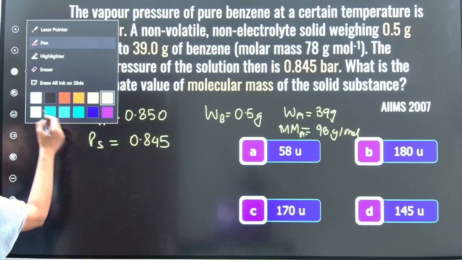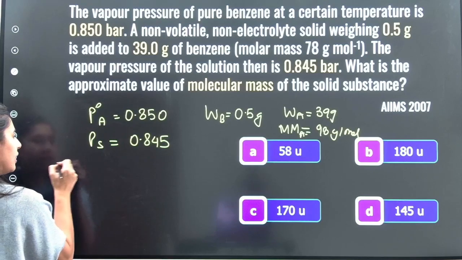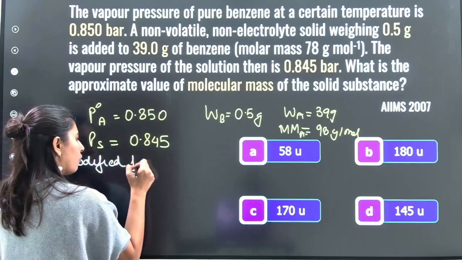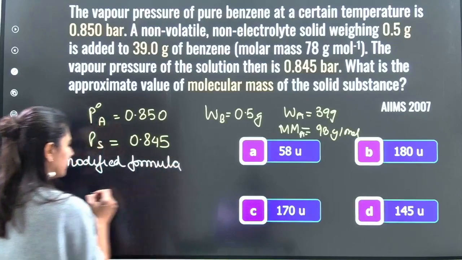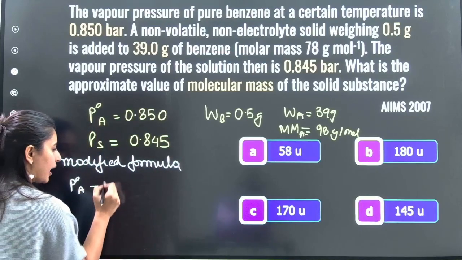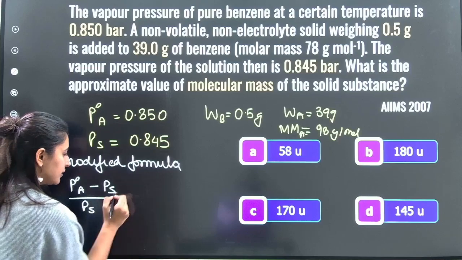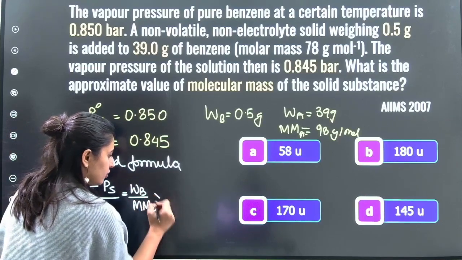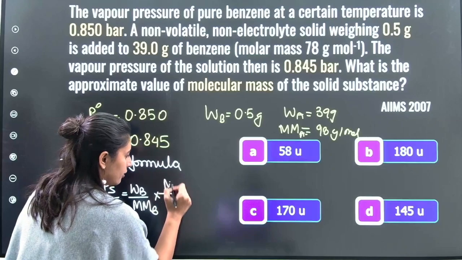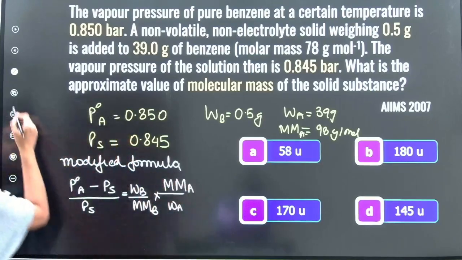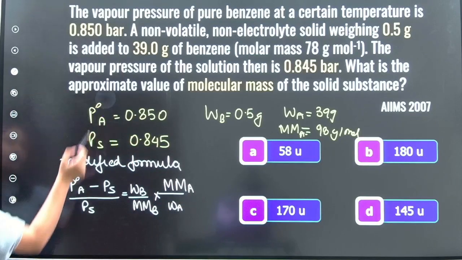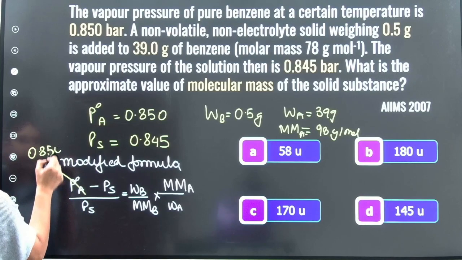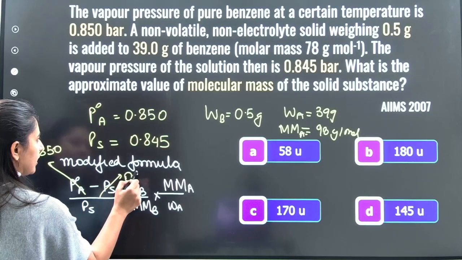We'll make use of not the formula of the colligative property, but the modified formula. What is the modified formula? We just learned: P naught A minus PS by PS is equal to WB by molecular mass of B into molecular mass of A by WA. All we need to do is substitute the values. P naught A 0.850, PS 0.845.